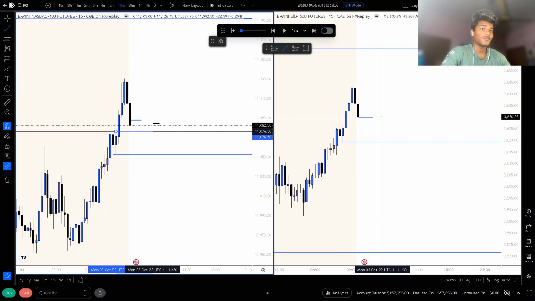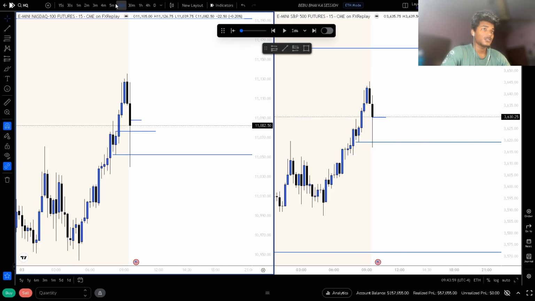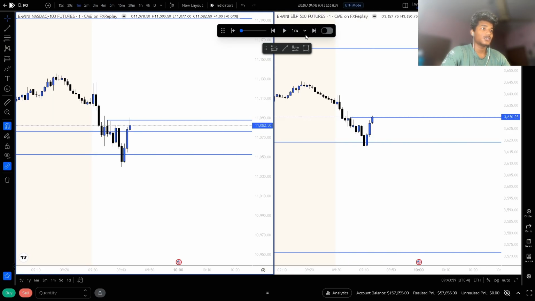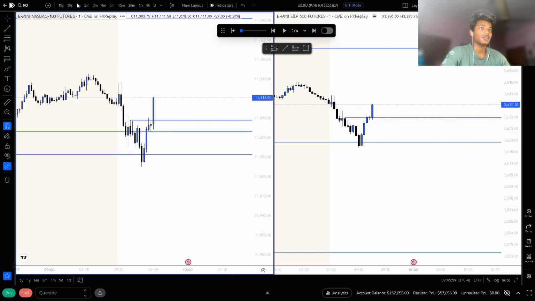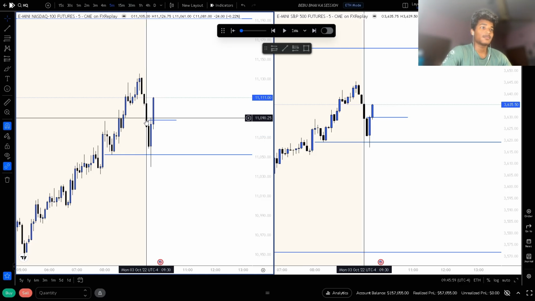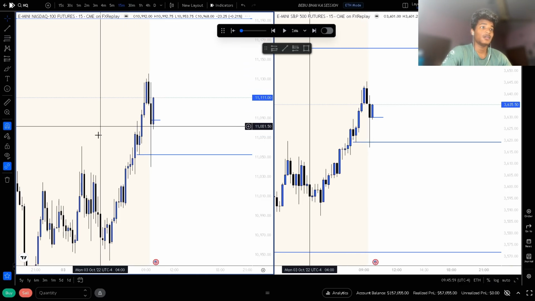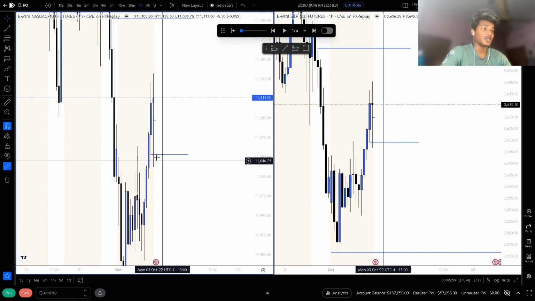If we inverse this gap in 2 minutes, we didn't inverse it, and we respected the 15 minute gap and the 1 hour gap as well.